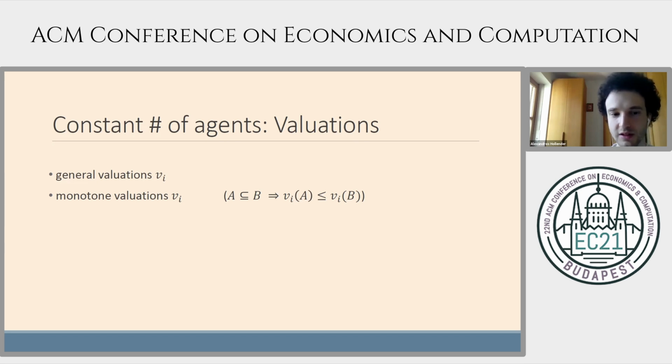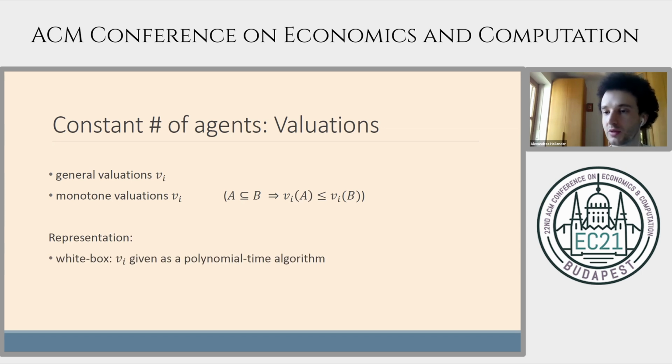In terms of how these valuations are represented in the input of our computational problem, we consider two models there. First of all, the white box model, where the functions vi are given as polynomial time algorithms. In other words, we have full information about these valuations. We have a polynomial time algorithm that can just evaluate the valuation. And then a second model that is quite nice for these kinds of problems, which is the black box model, where we just assume that we have query access to the valuations.